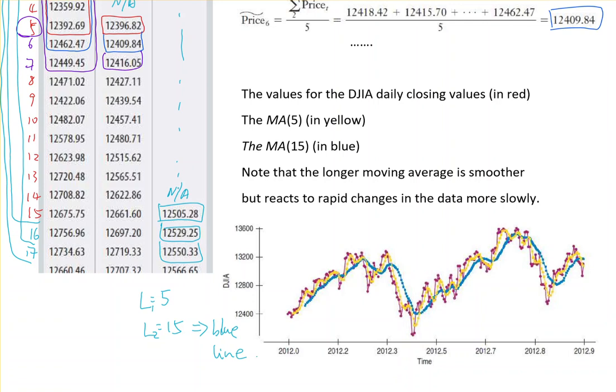And the other one will be the yellow one, because we only average 5 of them each time, so it will be closer to the raw data.